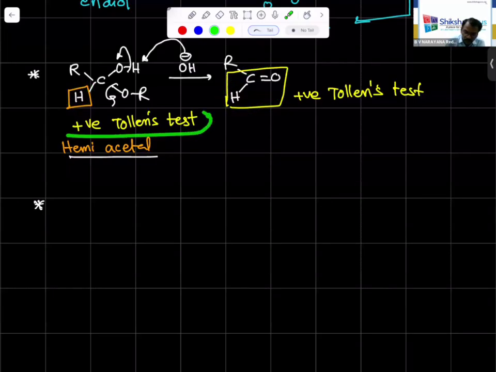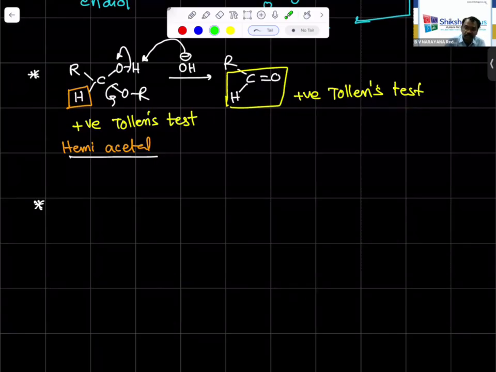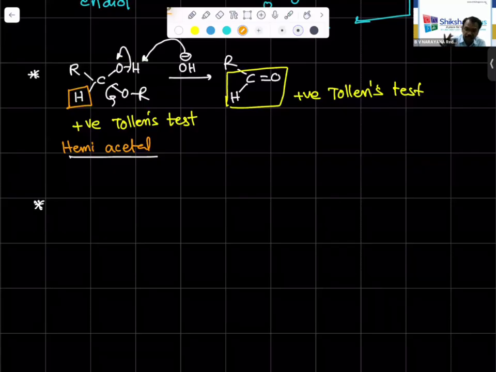Therefore, this is also positive towards Tollens test. What is the reason? Tollens reagent is a basic medium reagent. In presence of basic medium, this compound undergoes dissociation and converts into this aldehyde, which is positive towards Tollens reagent. Therefore, this compound is also treated as positive towards Tollens reagent.